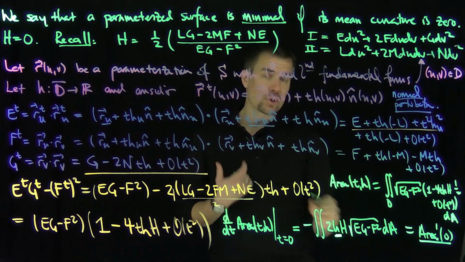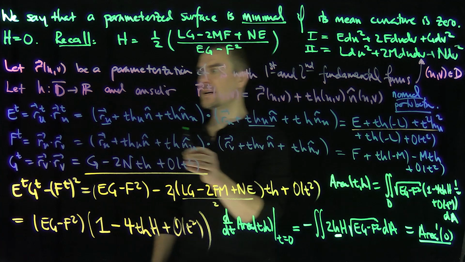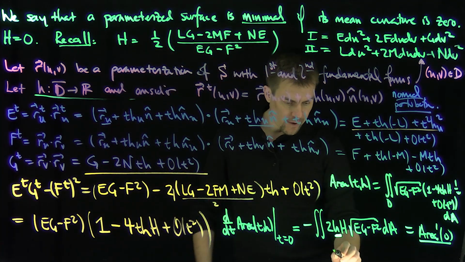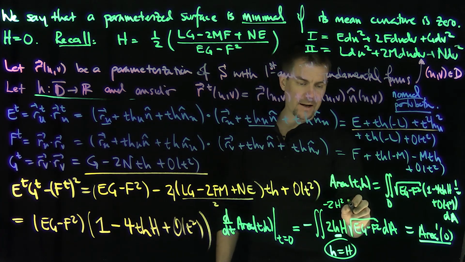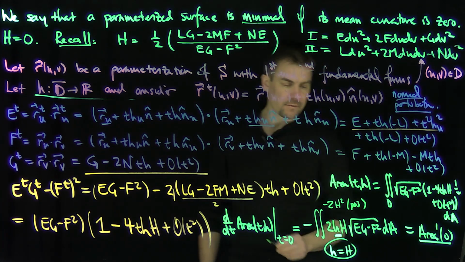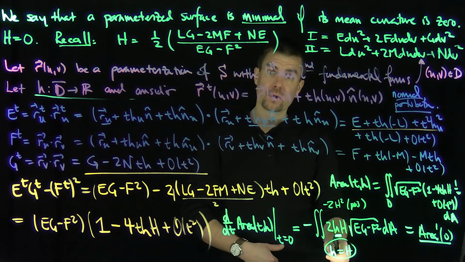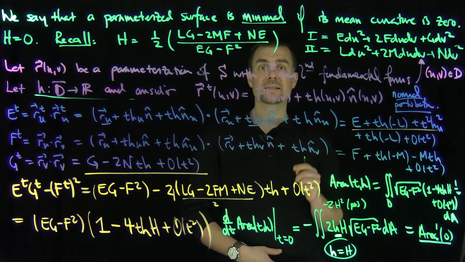Now, suppose that h capital was not equal to 0. Well, since I can choose this h to be what? Since h is any continuously differentiable function, I can replace h. If I choose h to be h capital, then this becomes something like a negative 2h squared times something positive, right? Something positive. Now, if I choose h to be h and h capital was not 0, so if you're not a minimal surface, then you will not have a critical point because the derivative will be strictly less than 0 at that point.